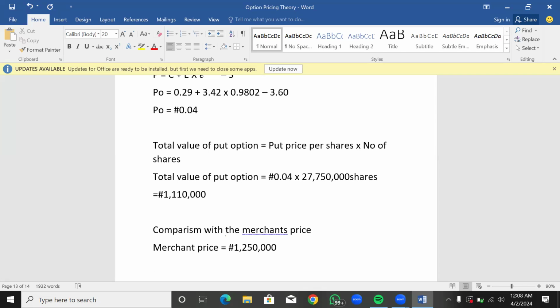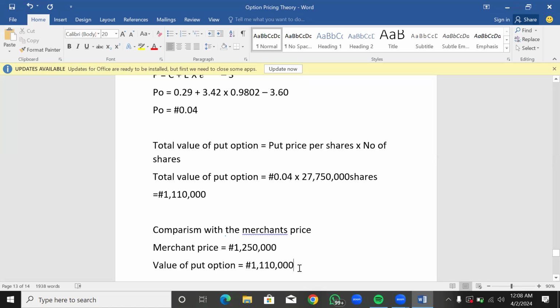How much was our own value of put option? 1,110,000. So was it overpriced or underpriced? Overpriced. That means the price is higher by 140,000.